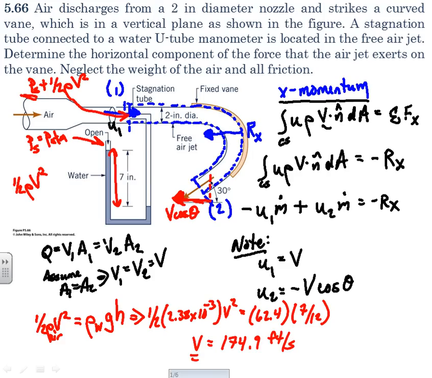So we'll go ahead and rewrite our momentum equation that we had before. We had minus U1 times m dot plus U2 times m dot has to equal minus Rx.